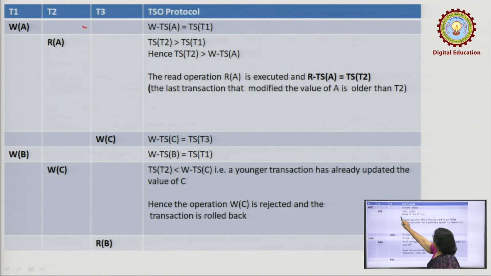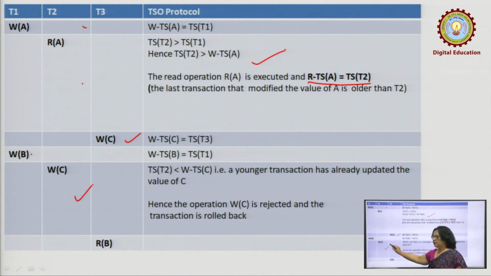Here read A: since the timestamp of T2 is greater than that of T1, T2 is a younger transaction, hence this is executed and the read timestamp of A is set to the timestamp of T2. WC is okay, and the write timestamp of C is set to the timestamp of T3. WB is okay, and the write timestamp of B is set to the timestamp of T1.